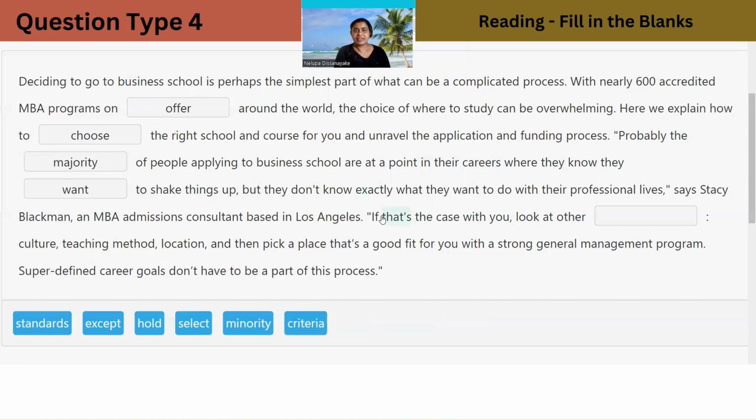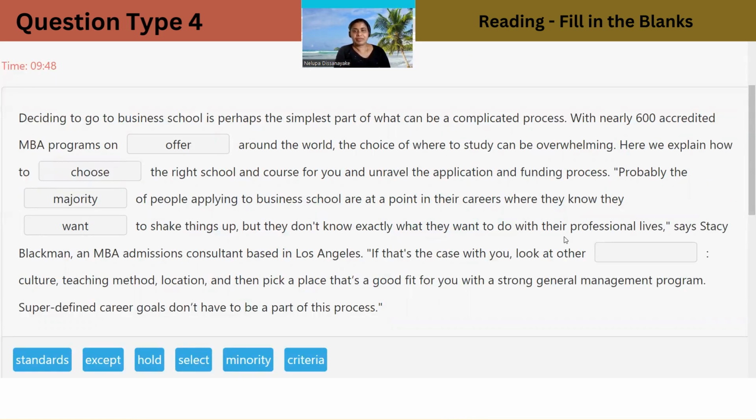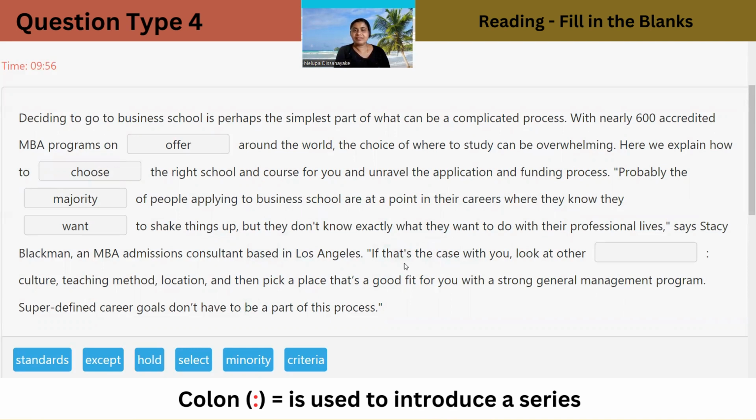Another thing is later on in this same sentence, it says they don't know what they want. That is said by this particular consultant in Los Angeles. And then let's move to the next sentence. If that's the case with you, look at other. Now there is a colon here. When you have a colon, it is explaining a particular list. Now let's see what can be the answer.